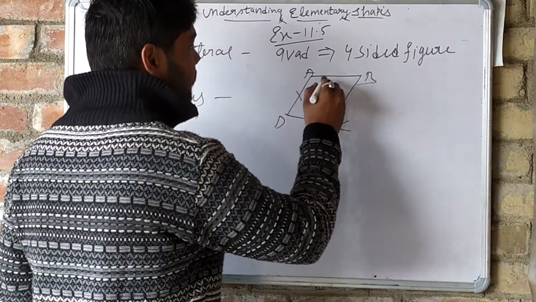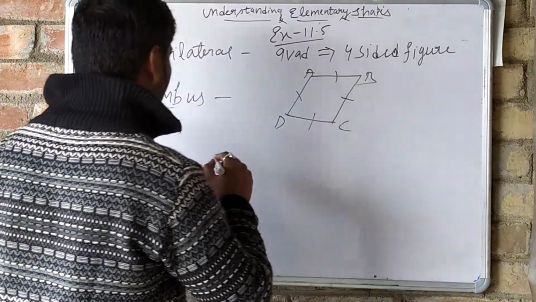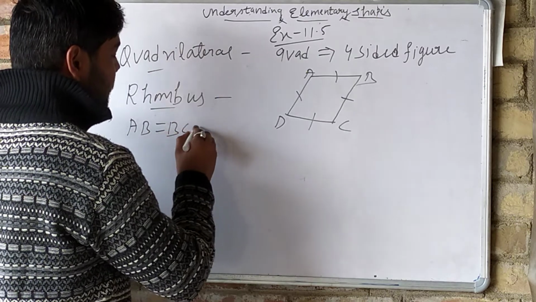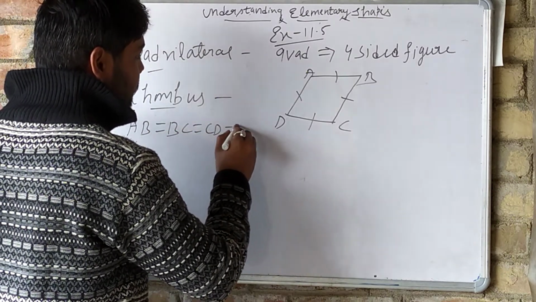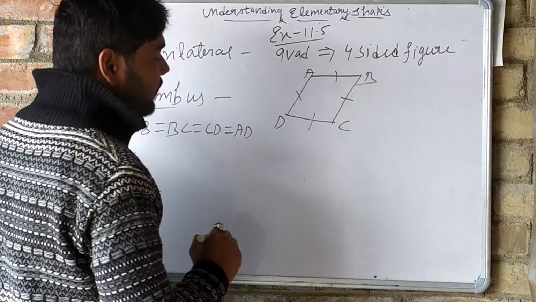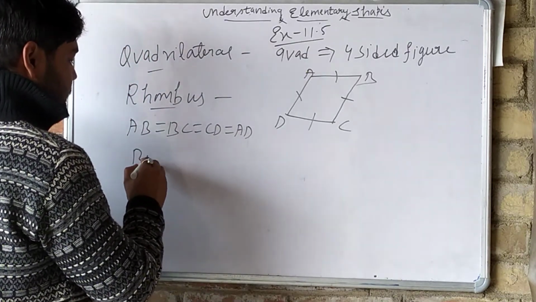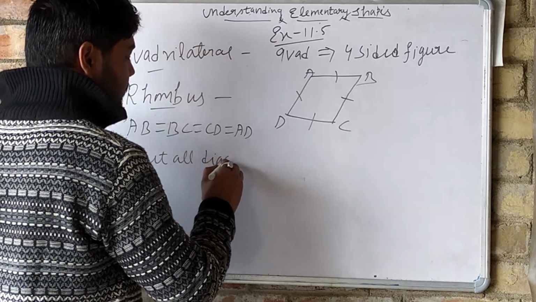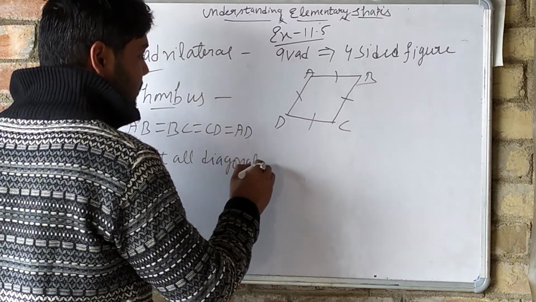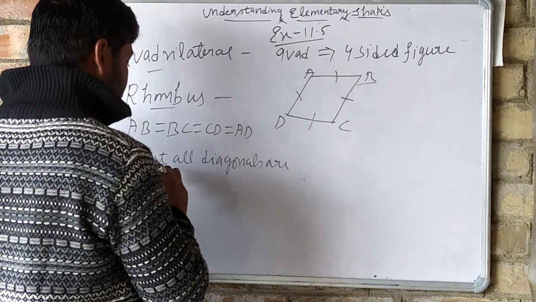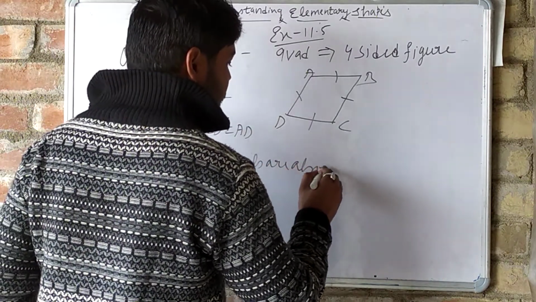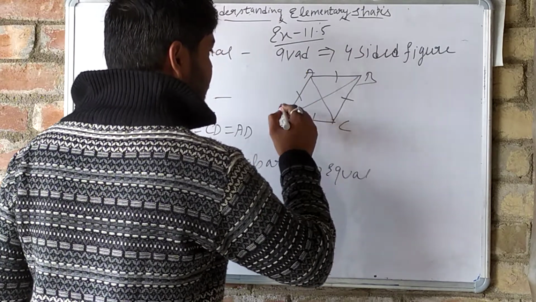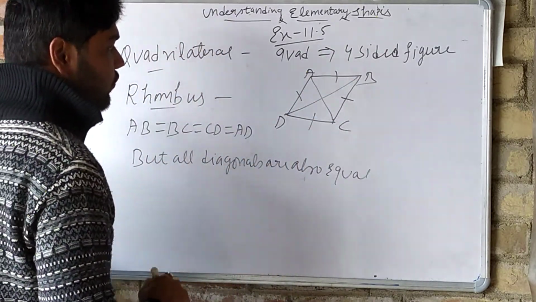In rhombus all four sides are equal, that is AB equals BC equals CD equals AD. All four sides are equal.